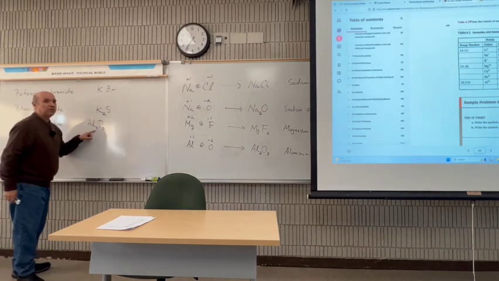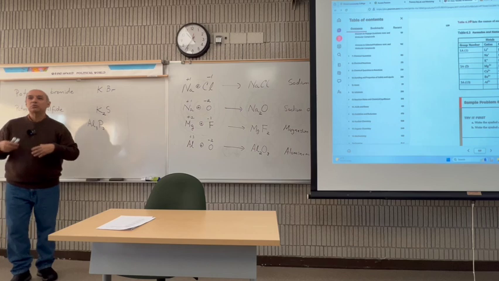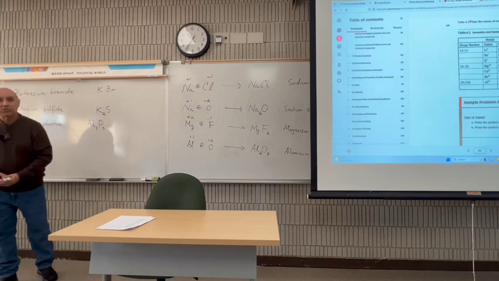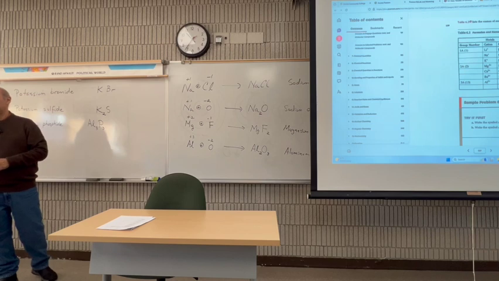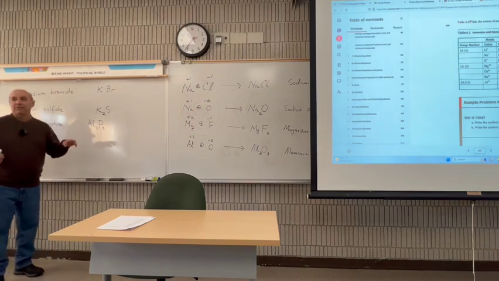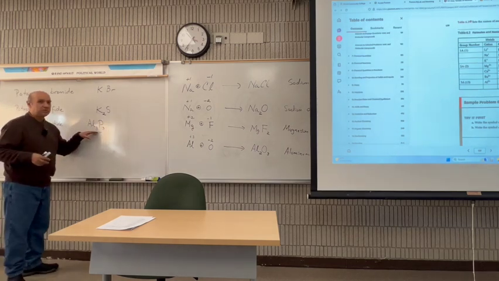Whenever possible, the subscripts that you write are going to be reduced to the simplest expression that you can come up with. In other words, if you remember the term common denominator, the common denominator of these two is 3. So if I divide both numbers by 3, I get 1.